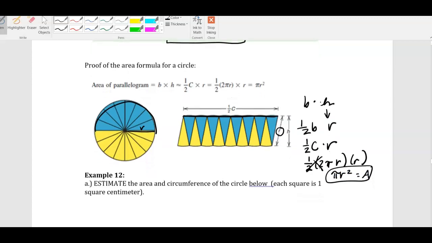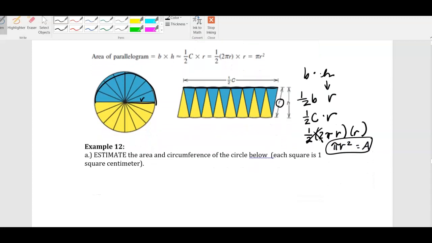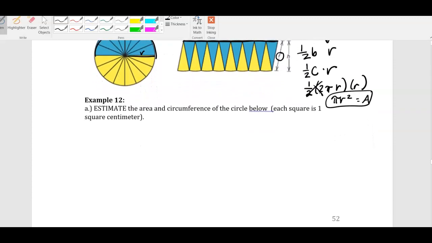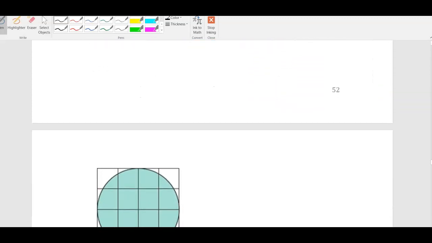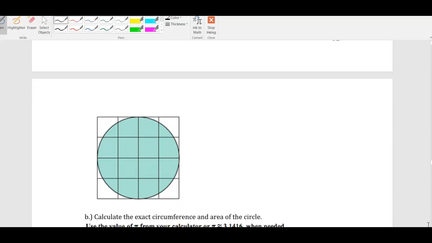So let's look at number 12. Estimate the area and the circumference of the circle below. Okay, so if each of these is 1, you could estimate, maybe this looks like, I don't know, together maybe that's 1, and these together are almost 1 maybe, and this is just an estimate.